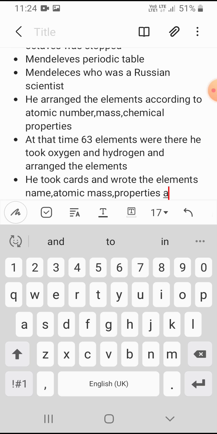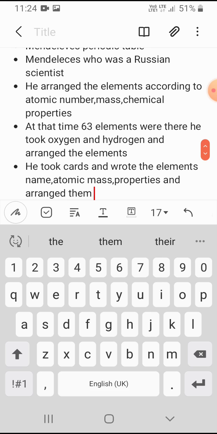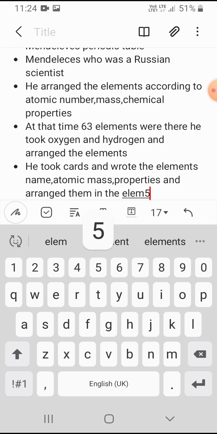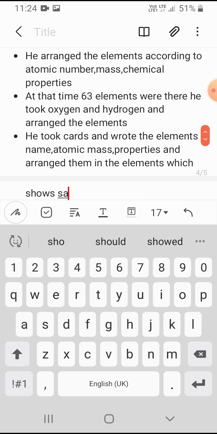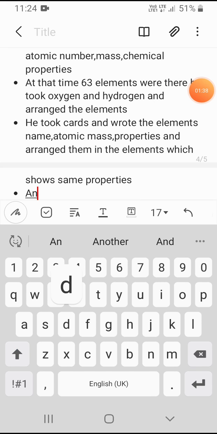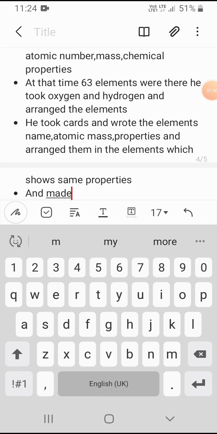He wrote that and arranged the elements which show the same properties together, and made the periodic table.